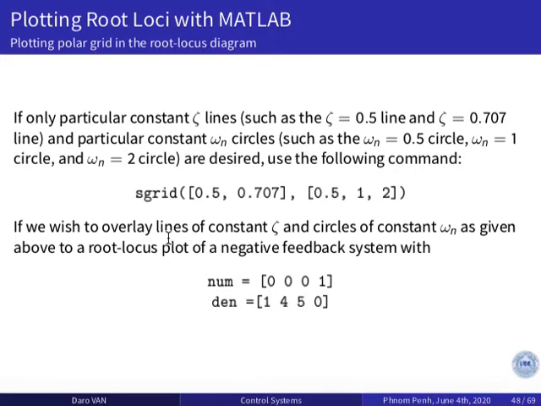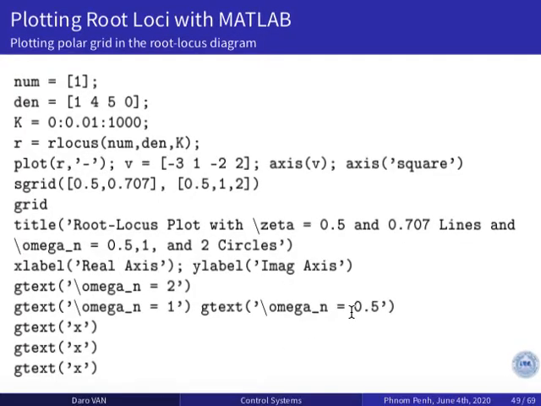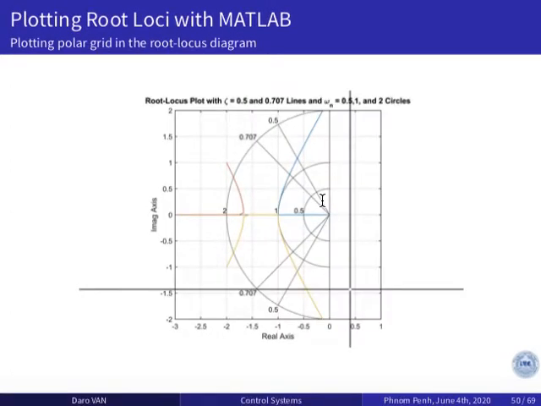If you wish to overlay lines of constant zeta and circles of omega n as given above to the root locus of the negative feedback system with this numerator and denominator, you can use these functions, this code, to plot it. Well, this only shows these values.